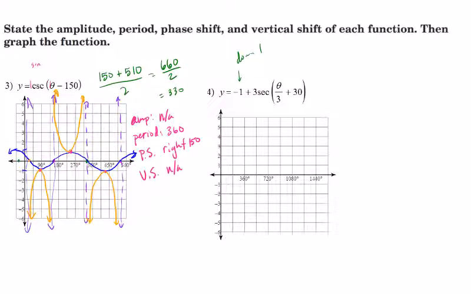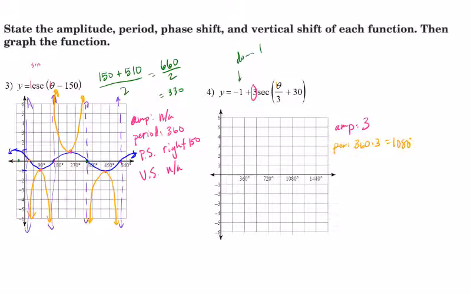All right, so for this one, amplitude is 3. All right, and then the period, see, is 1/3, so I'm going to multiply 3 by 360. So that's 1080.